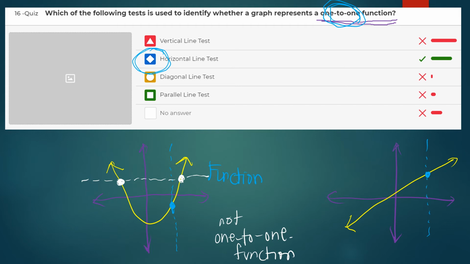So this is a function. Okay, function. Now, if we're going to draw a horizontal line across a graph, it will intersect the graph at exactly one point pa rin. So therefore, this is also a one-to-one function. Okay? So take note of that.